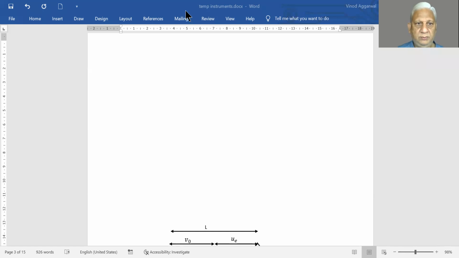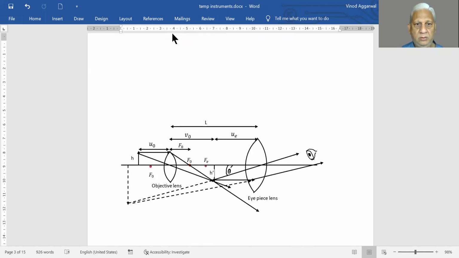Next topic is compound microscope. How does a compound microscope look? It looks like this. Let's see the construction. We have two lenses. One lens is here, the second lens is here.